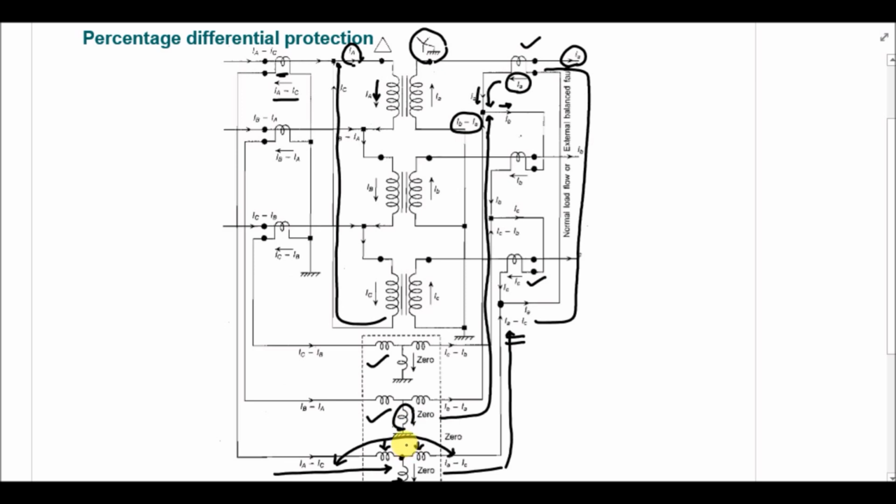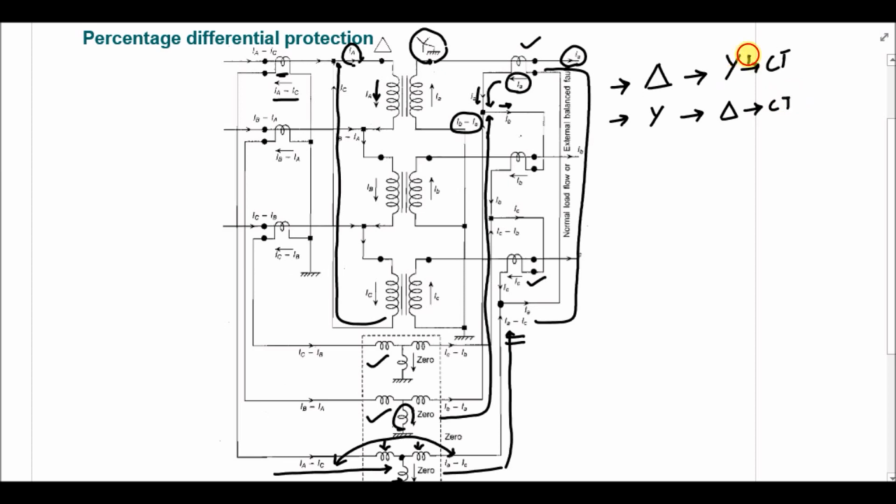So as a rule of thumb, by doing this whole evaluation, we came to the conclusion that if we have a delta connected side of the transformer, we will use CT in Y connection, and if the transformer side is Y connected, then the CT will be in delta connection.